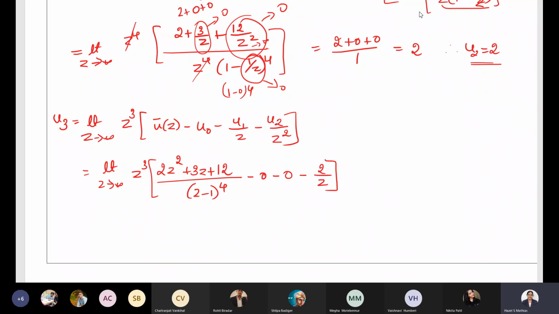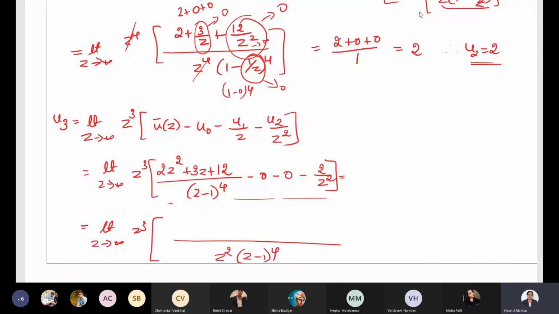Now see here, we have here minus 2 by z square, these terms over here. So we can take the LCM in order to simplify this. It will be... Ma'am, that is 2 by z square. Yes, correct. It is 2 by z square. Very good. Limit z tends to infinity, z cube into, now let's take the LCM as z square into z minus 1 whole power 4.